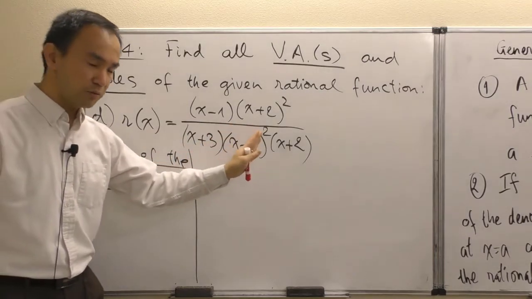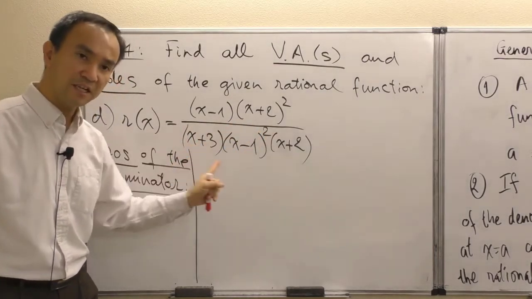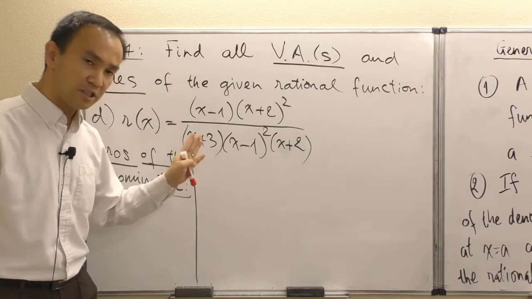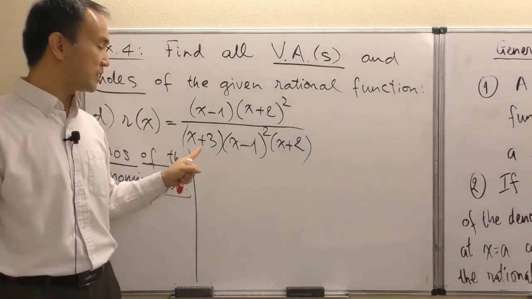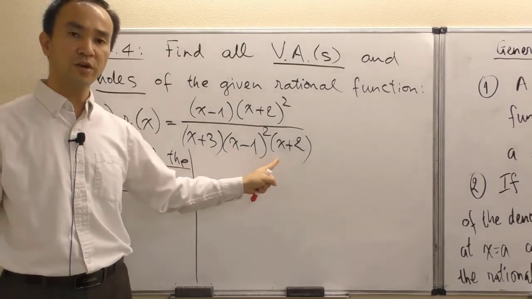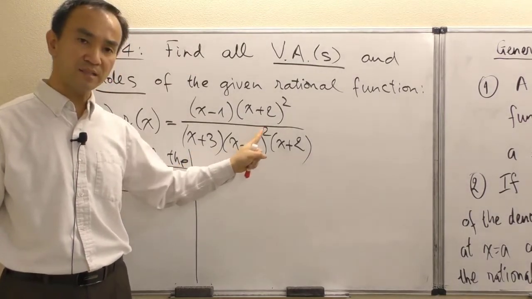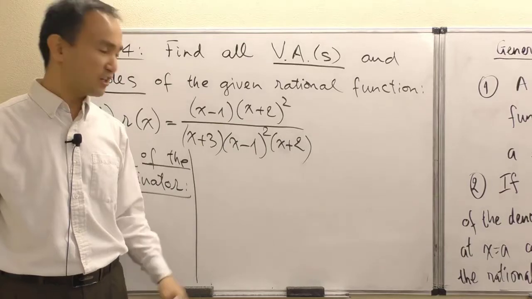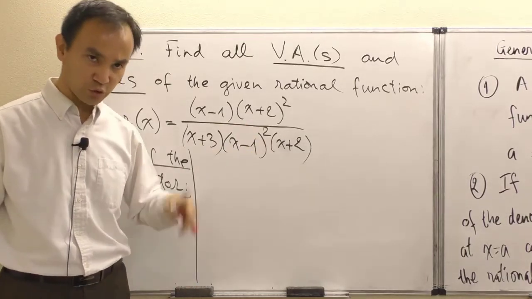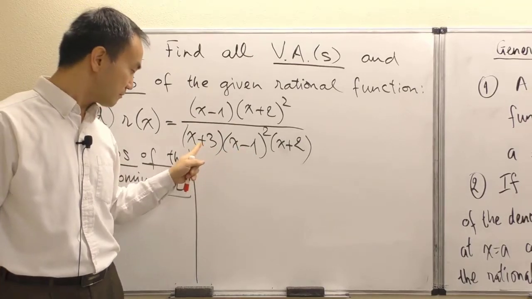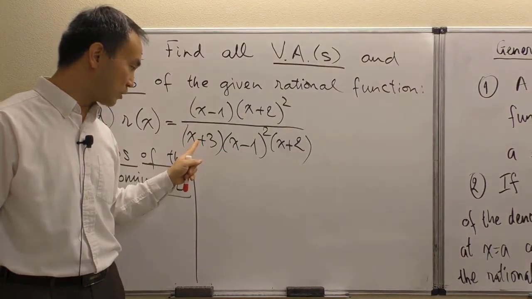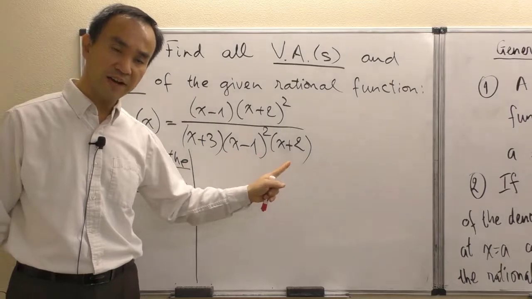I see some multiplicity among these linear factors in our denominator. However, as far as the distinct linear factors, I only see 1, 2, and 3. Yes, this x minus 1 has multiplicity two, meaning there's an x minus 1 times x minus 1, twice. But in the end, as far as distinct, there are only 3 distinct linear factors here.